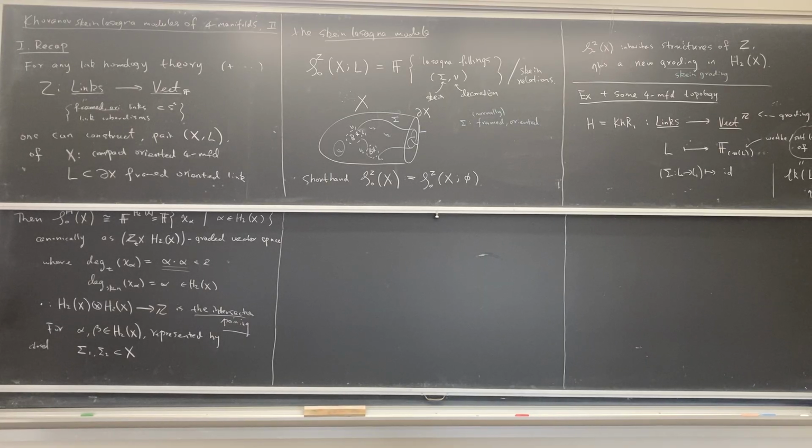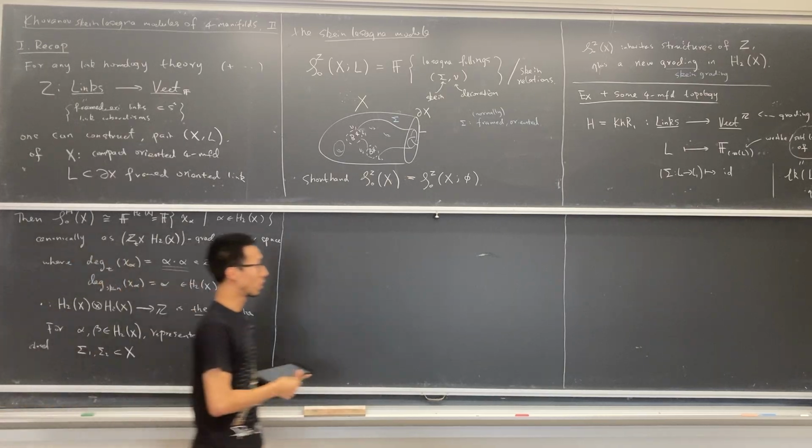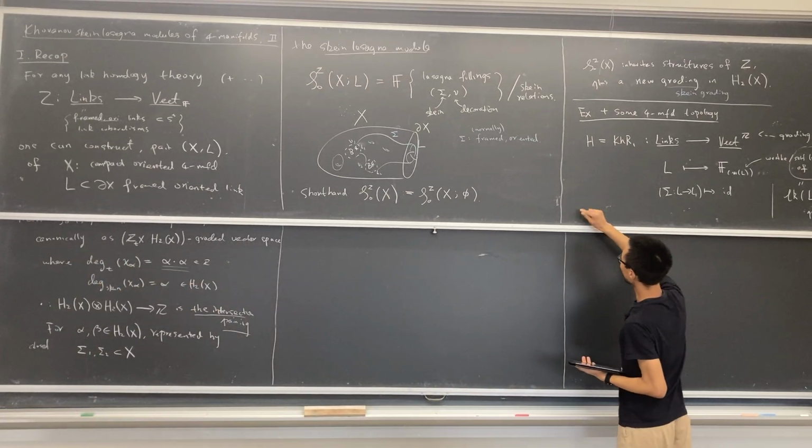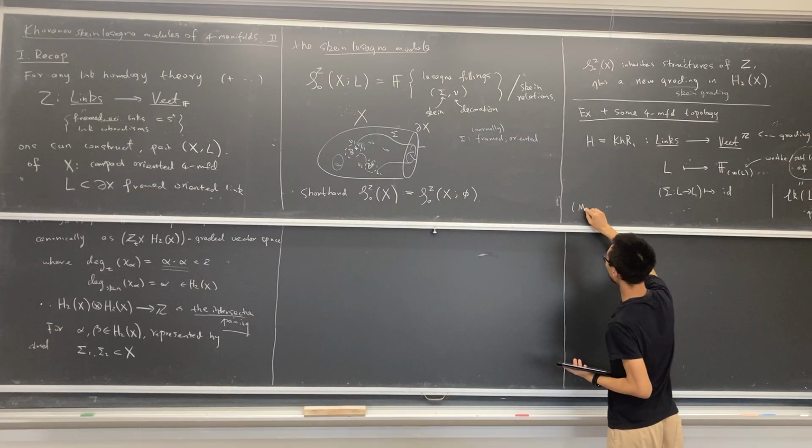Actually, there are two gradings, but they are giving you the same information, so I'm dropping one of them. Both the homological grading and the quantum grading should give you the same information. Who wrote down the GL1 theory?